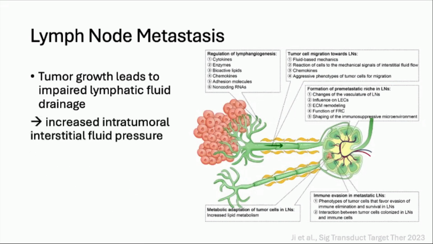This essentially leads to increased intratumoral interstitial pressure, where the extracellular fluid is not effectively drained due to the compression of local lymphatic vessels by the tumor. This favors the flow of interstitial fluid from tumors into the surrounding stroma, into areas of lower interstitial fluid pressure and lymphatics, leading to dissemination of tumor cells. And again, epithelial mesenchymal transition and loss of cell polarity is very important to allow cells to have these migratory characteristics.